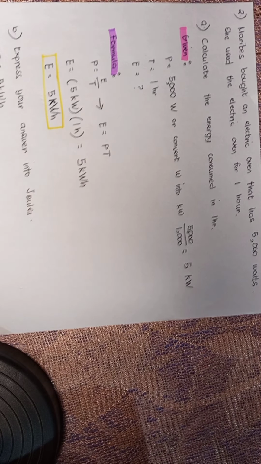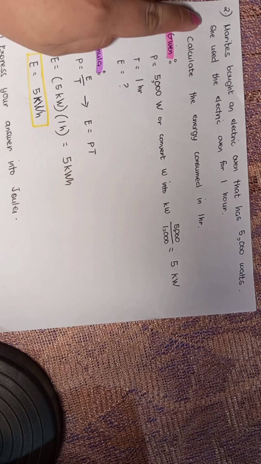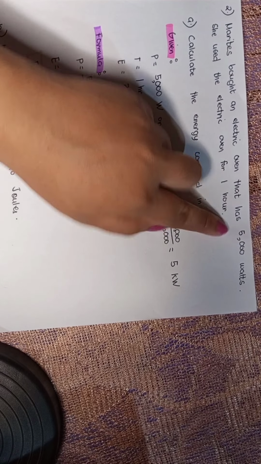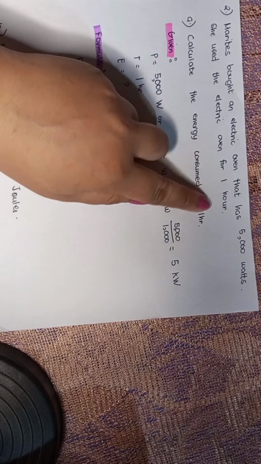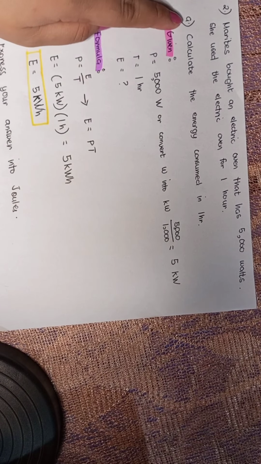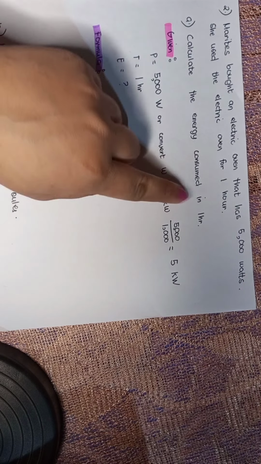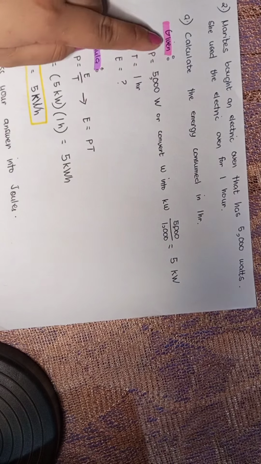So now let us proceed to number 2, which is: Marites bought an electric oven that has 5,000 watts. She used the electric oven for 1 hour. In problem letter A, calculate the energy consumed in 1 hour. So what are the given?